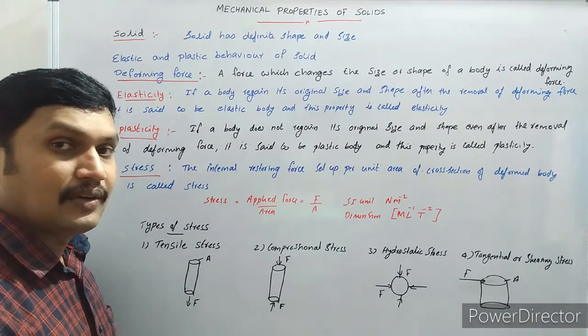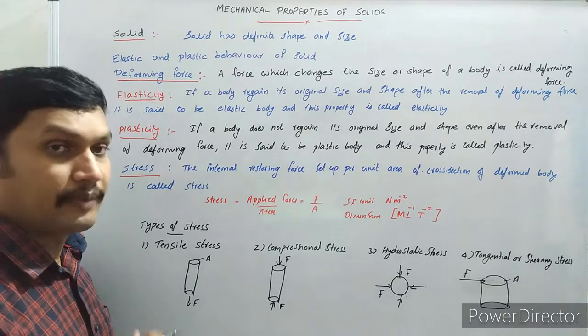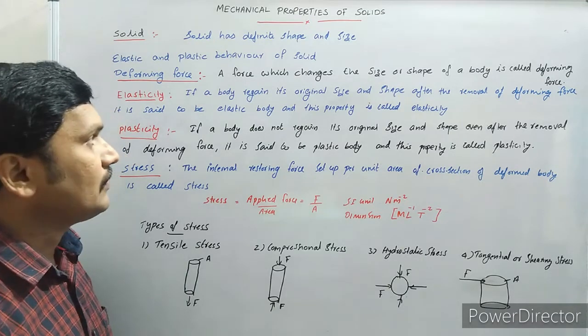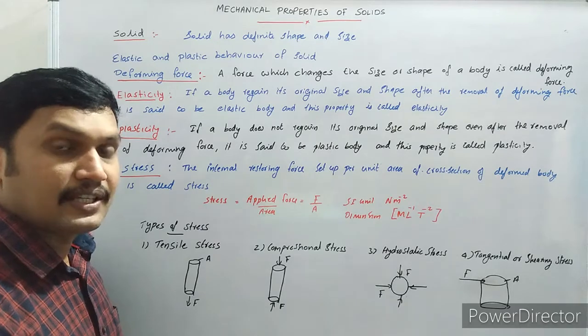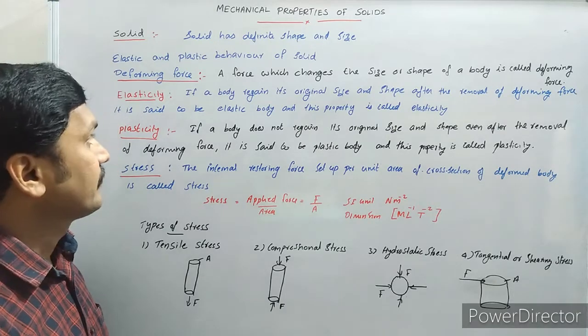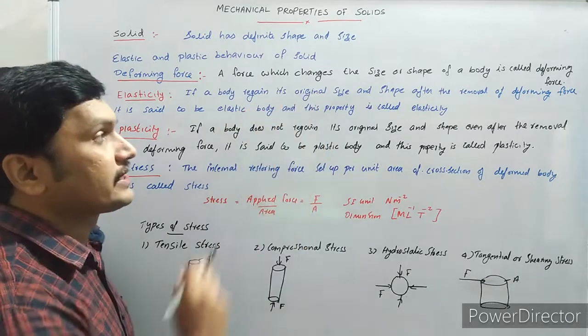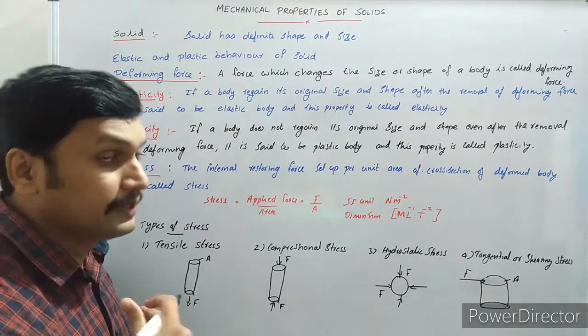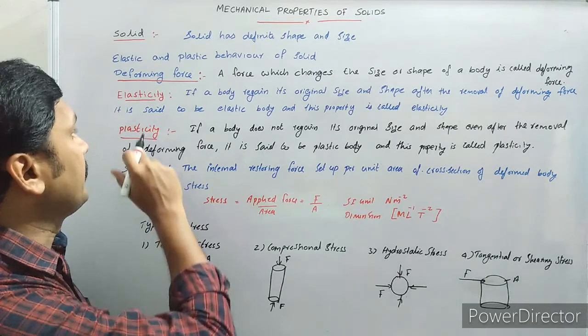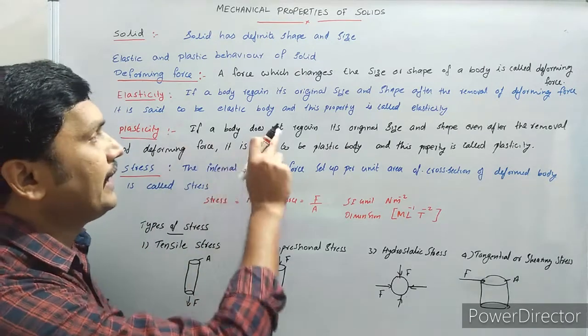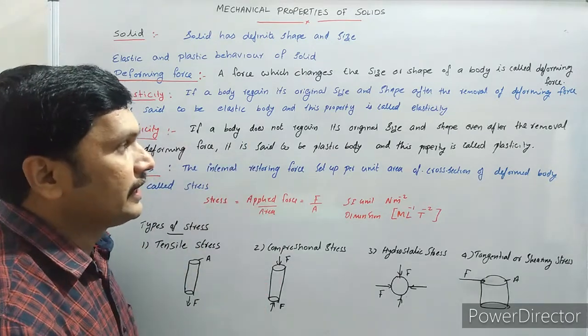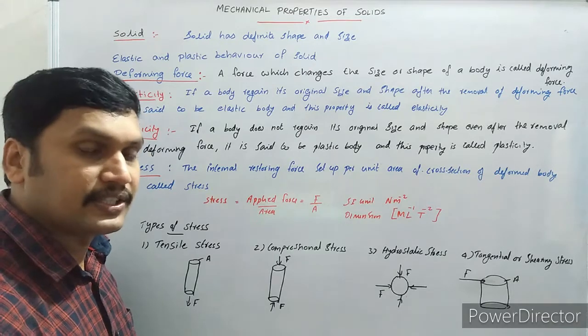Once you apply a deforming force on an object, the object's configuration changes. If a body regains its original size and shape after the removal of this deforming force, it is said to be an elastic body, and this property is called elasticity.